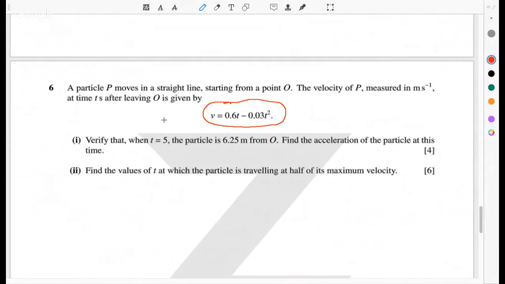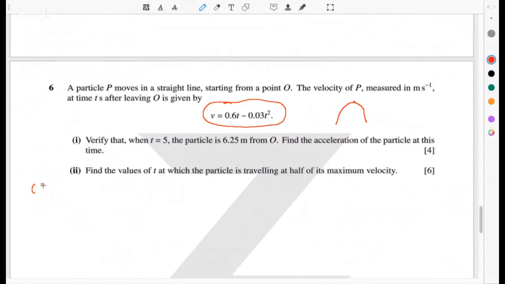So it's quadratic with negative coefficient of t squared. So it's going to look something like that. So the speed is going to have a maximum. And we're going to investigate about that later in the question. So verify that when the particle is 6.25 meters from O, find the acceleration of the particle at this time.